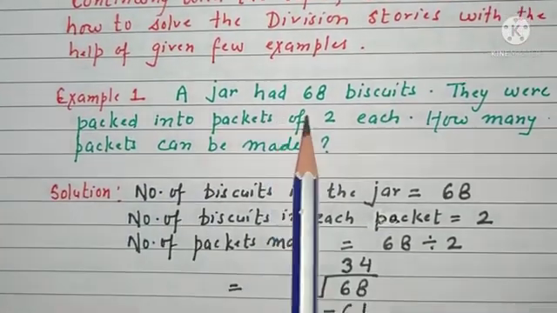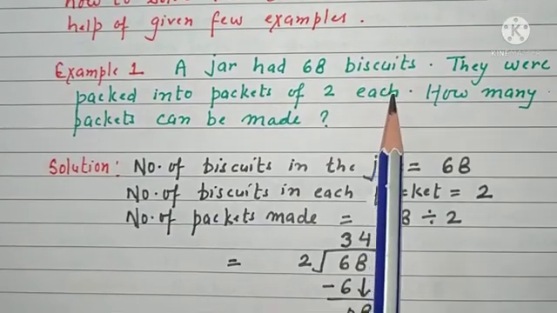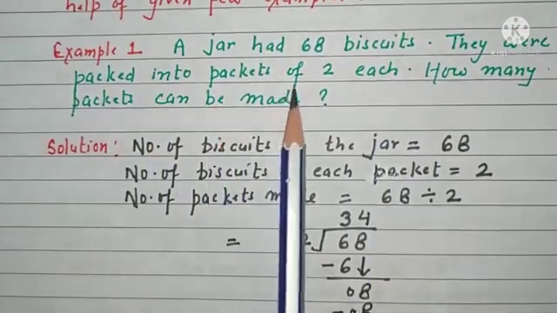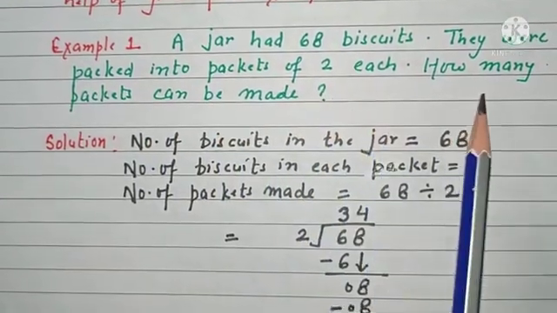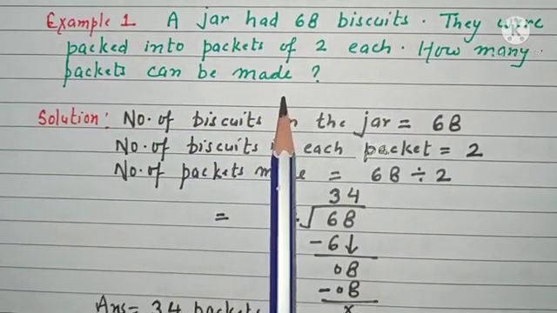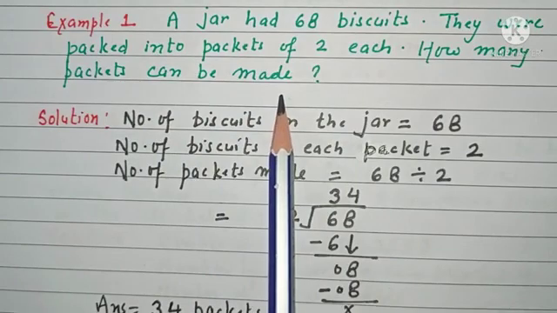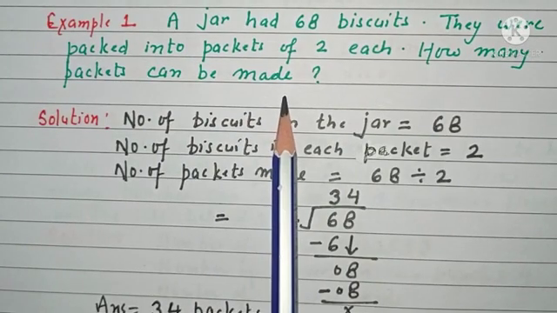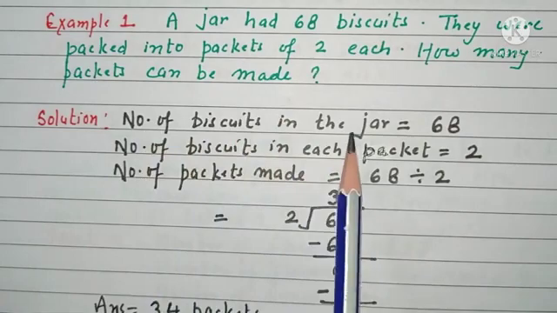A jar had 68 biscuits. They were packed into packets of 2 each. How many packets can be made? So, students, the first thing is to understand the question, the statement. How many biscuits are we having in the jar?